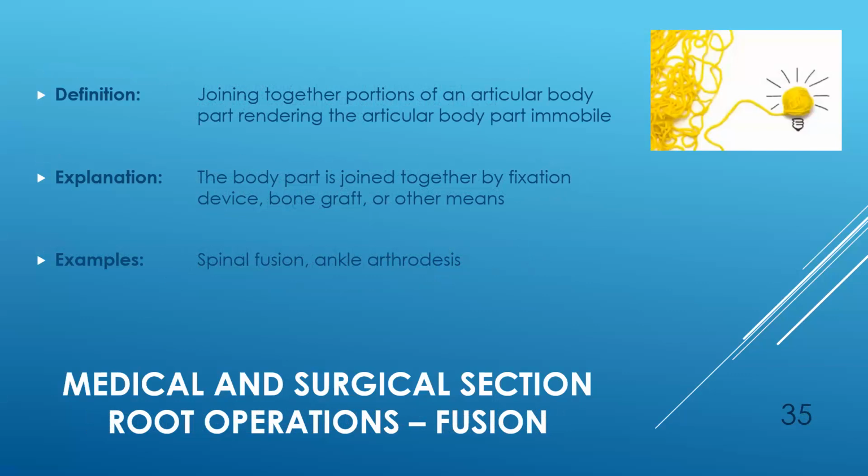So the body part is joined together by fixation device, bone graft, or other means. There's different ways. A lot of times they'll use a bone graft in spinal fusion, but sometimes they do use hardware fixation devices, spinal fusions, ankle arthrodesis. Arthrodesis is just another word for fusion. Next slide.